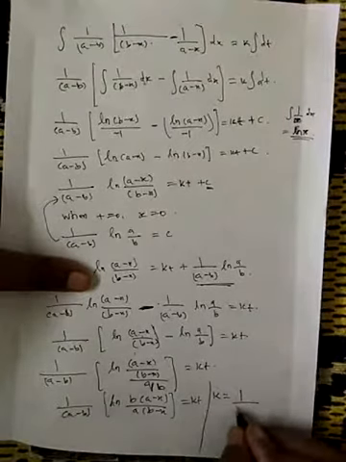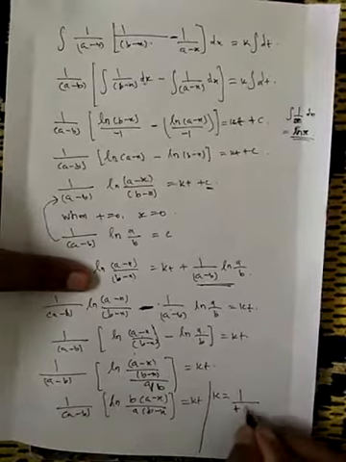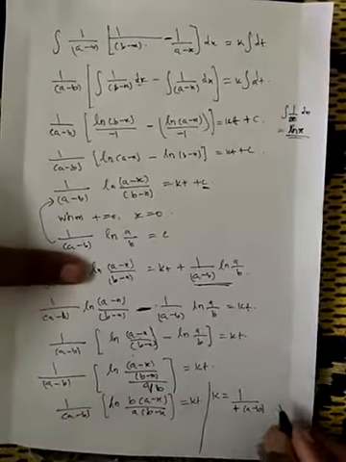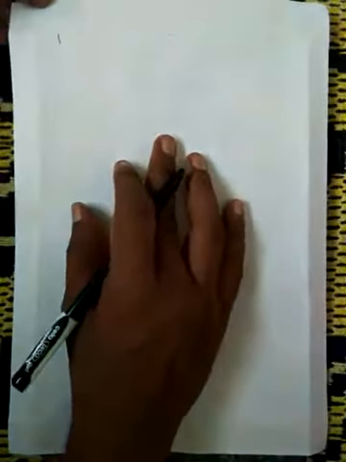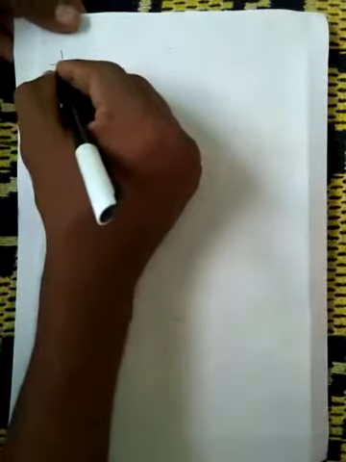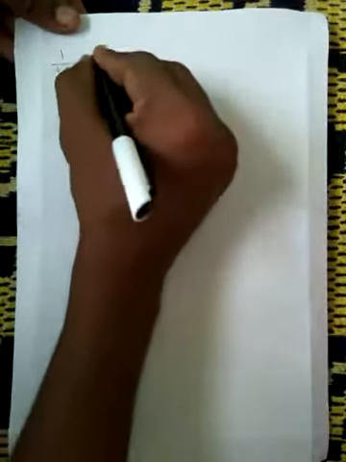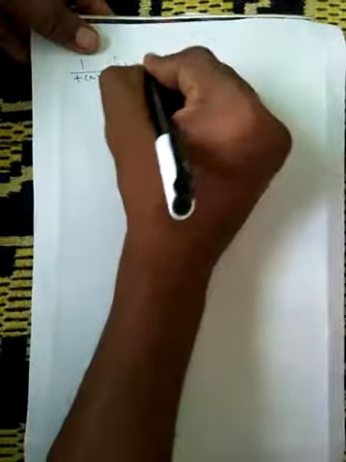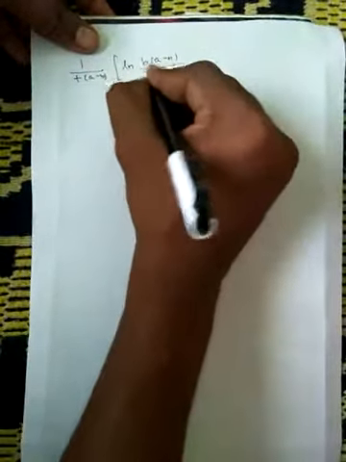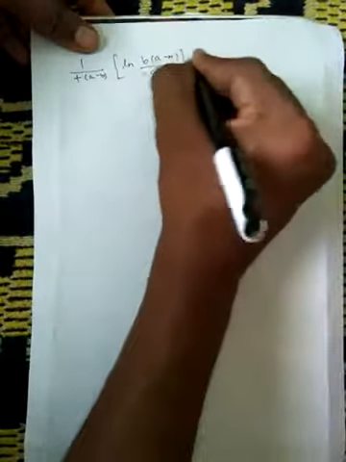You take t this side and a minus b. Okay, I write the next page. That is 1 divided by t a minus b, and logarithm b a minus x and a b minus x equal to k.